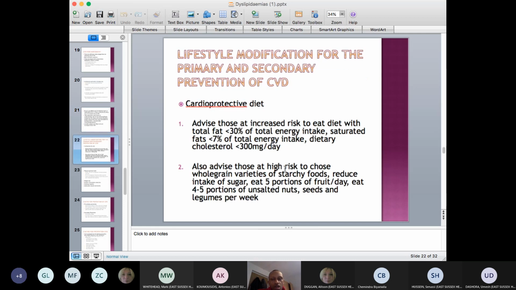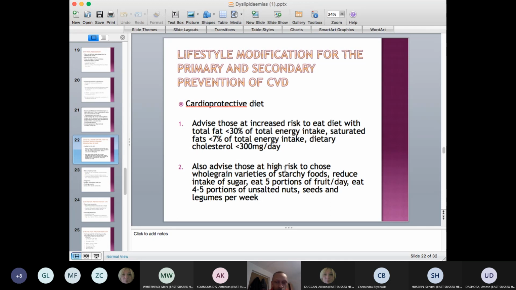So, what are the lifestyle modifications for primary and secondary prevention of cardiovascular risk? This is what we call the cardioprotective diet. You advise that total fat should be less than 30% of the total energy intake, saturated fat less than 7% of the total energy intake, and less than 300 milligrams per day of cholesterol.